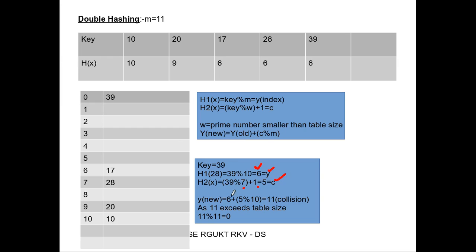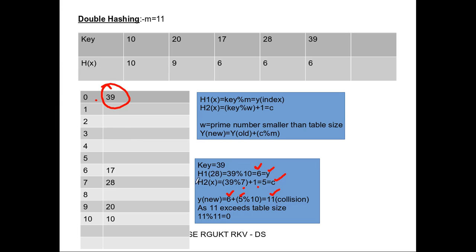So the new index is calculated as the old index plus the C value calculated from the second hash function, mod 10, the size of your hash table, which is 11, and 11 exceeds the size of your table. So 11 mod 10 is 0 for us. At 0, 39 gets stored.